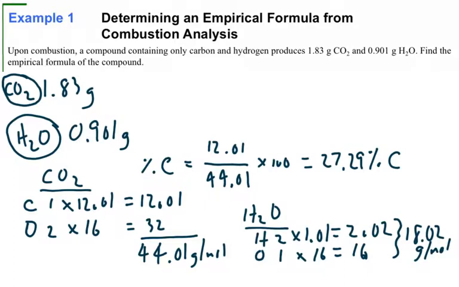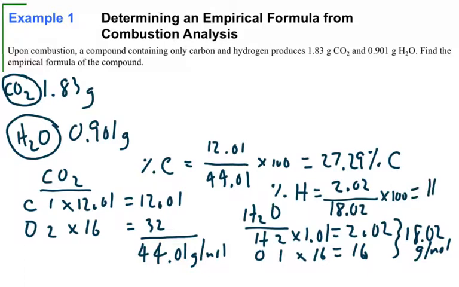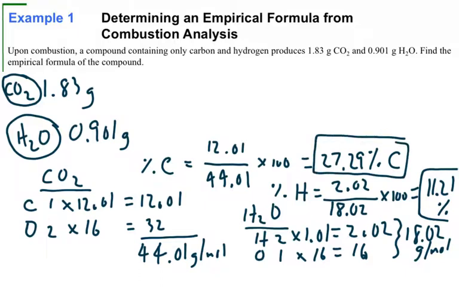So what is the percentage of hydrogen in water? It would be the part of hydrogen over the total of the compound of water times 100, and that ends up giving you 11.21%. So notice I have the percentage of hydrogen from water, and I have the percentage of carbon from CO2.